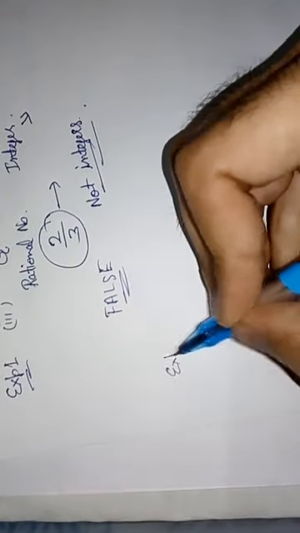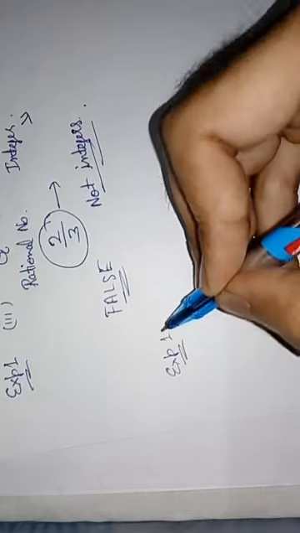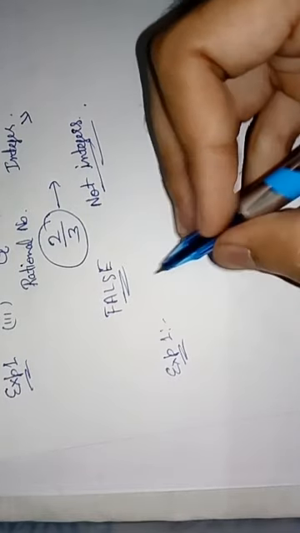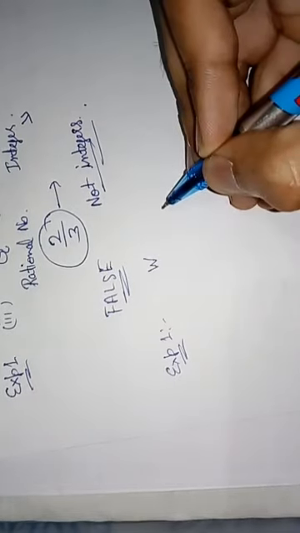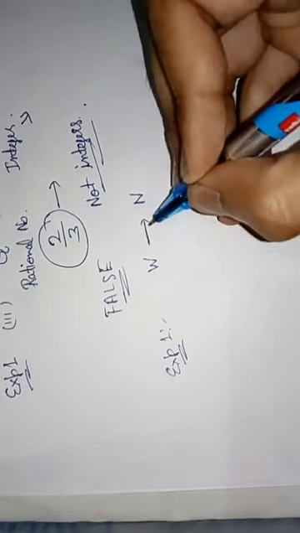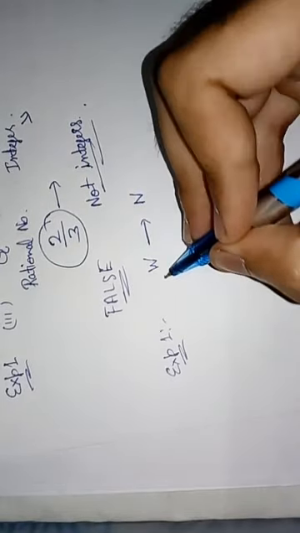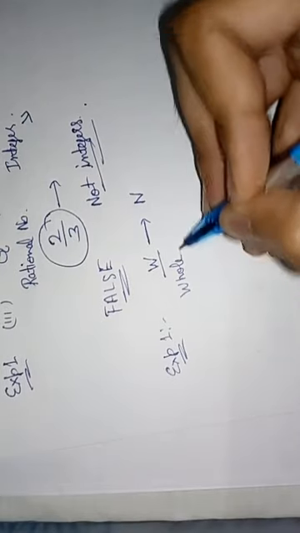Now once again we will check all parts of example 1 from your NCERT. First one is there, whole number. Whole number we are representing by W, N means natural number. So we'll check whether all whole numbers are natural numbers.